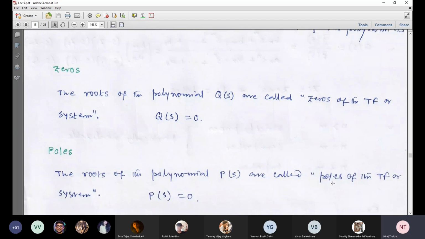Similarly, if we consider P(s) equal to 0, the corresponding roots of the polynomial are called poles of the transfer function or poles of the system.